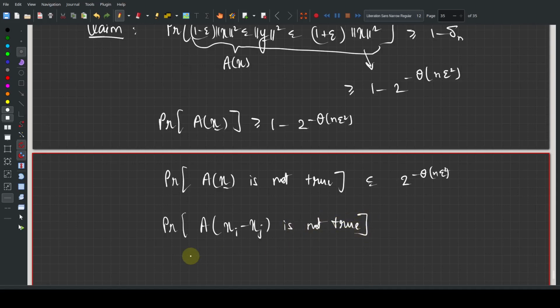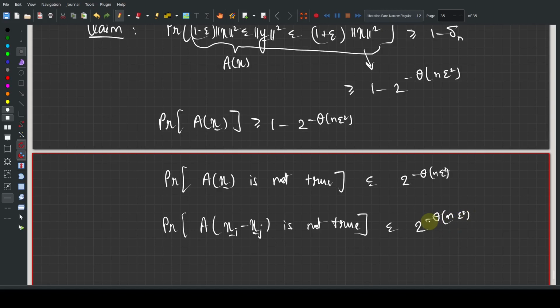So I take one pair x_i and x_j, and I ask, what is the probability that the pairwise distance between the two after transformation is not approximately equal to the pairwise distance between them before transformation? Again, I know that this is less than or equal to 2 to the minus constant times n epsilon square for a given pair ij.